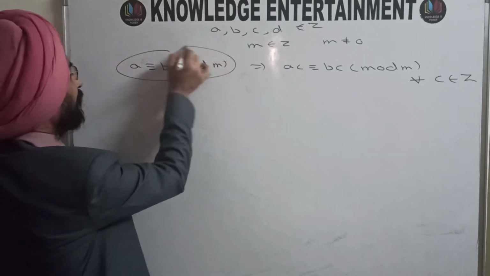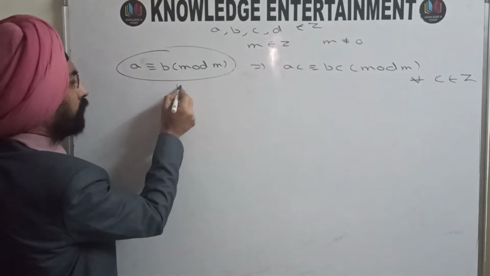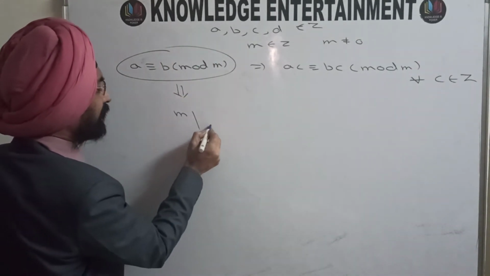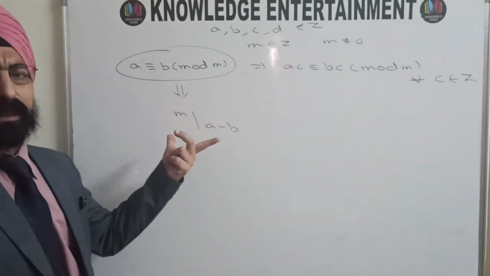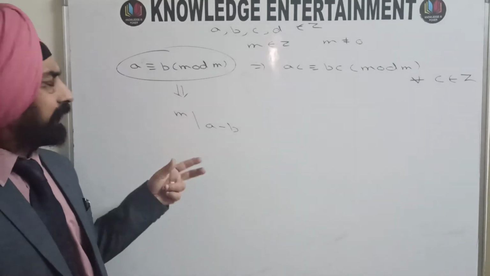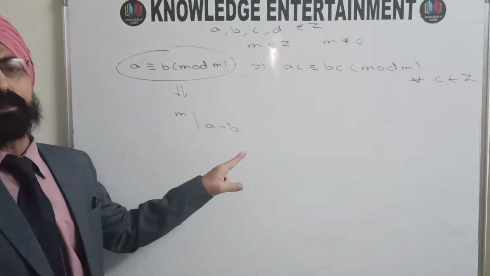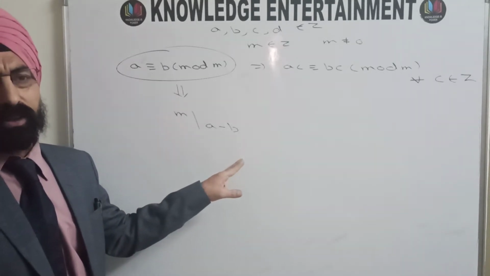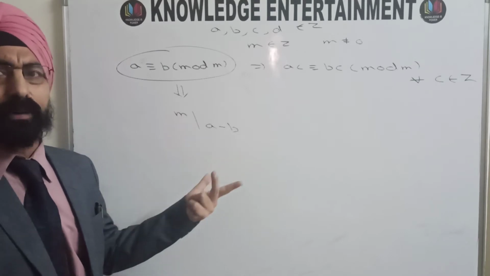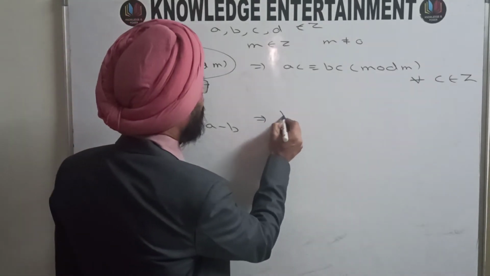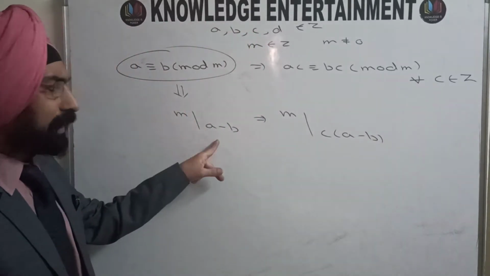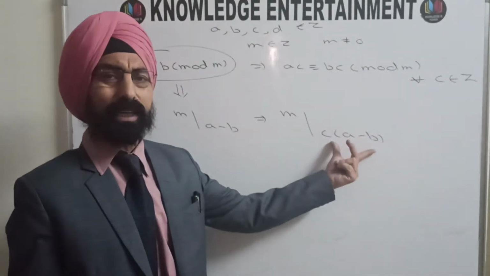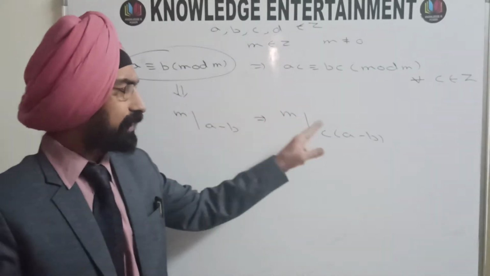We are given that A is congruent to B modulo M, which directly means that M divides A minus B. If M divides A minus B, then definitely M divides all the multiples of A minus B also. So I am taking C multiple of A minus B. So this means M divides C times A minus B. If M divides a number, then M divides its multiple also.